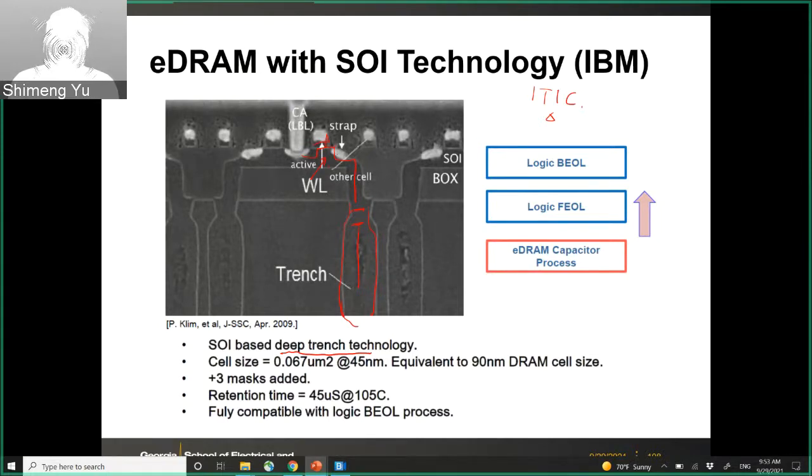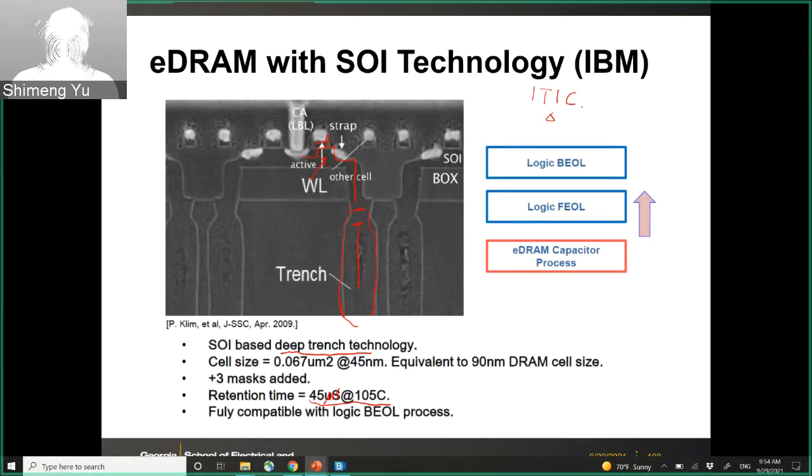Leakage, right? Because we discussed before, the standalone DRAM access transistor is specially engineered with a recessed channel to reduce the leakage to the femtoampere level. But if you use a normal transistor as the access transistor, the retention time you see here is reduced to about 45 microseconds.